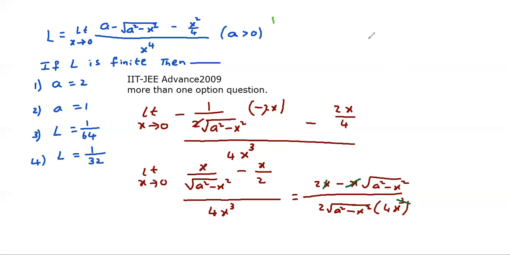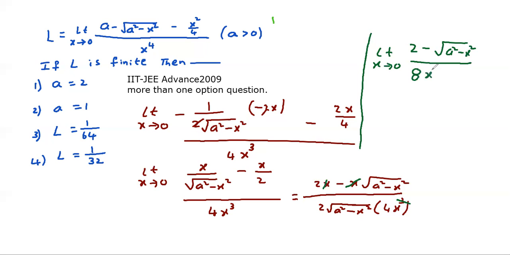Now the numerator will be, your next step will be limit x tends to 0, 2 minus root a square minus x square, by, so this is 4x square, here it is 2, 4x square into 2, that is 8x square into under root a square minus x square. Okay.